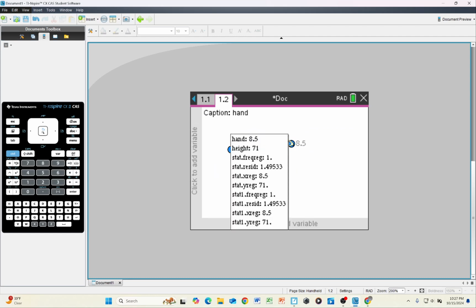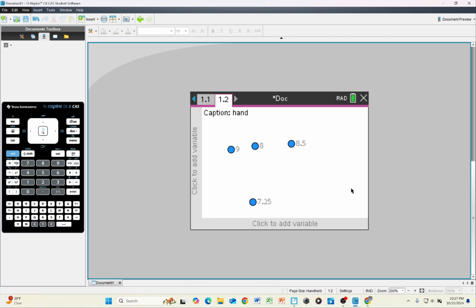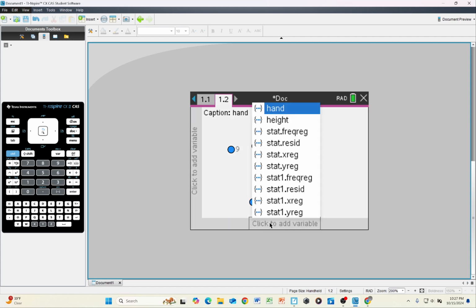Okay, the points look like they're kind of all over the place. So add variable. Now look at all of this here. This is interesting. You have a ton of lists to choose from. You didn't have that before.